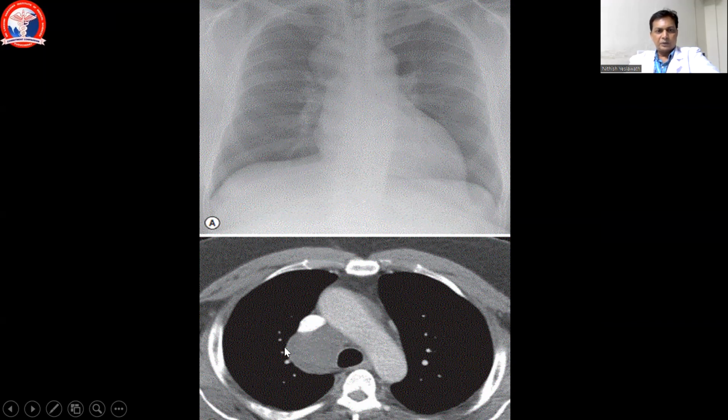The wall of the lesion, a fluidic lesion, is almost imperceptible. The attenuation is fluid attenuation. The lesion is in the right paratracheal or anteroparatracheal region, next to the trachea. This is a case of lymphangioma.